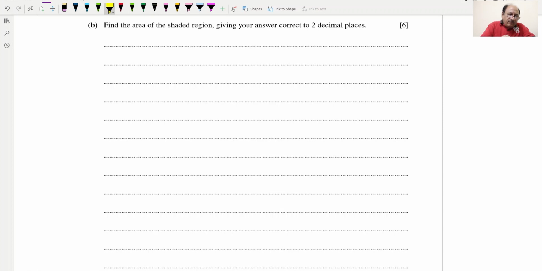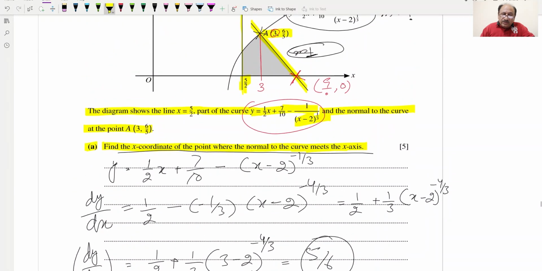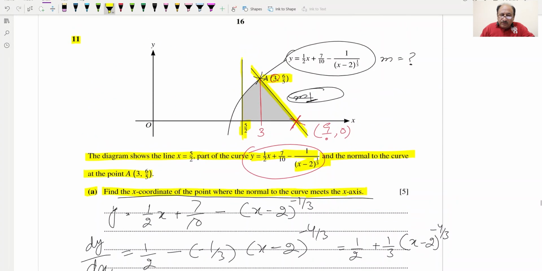Now for part B, it says find the area of the shaded region, giving your answer correct to 2 decimal places, and this is a 6 marks question. So for the shaded part, our strategy will be to find the area of this triangle. We have base and height, so we can take the area of this triangle, and the area under this curve, which is this shaded part.